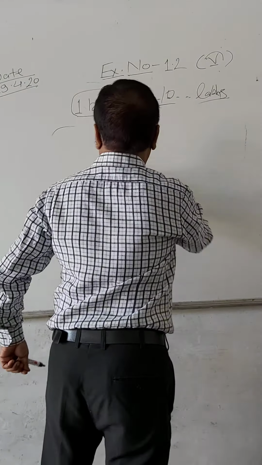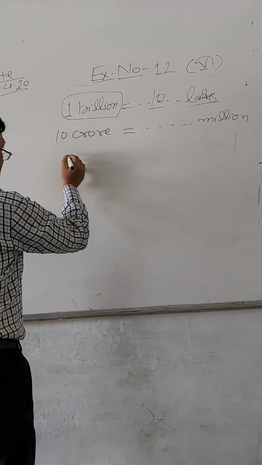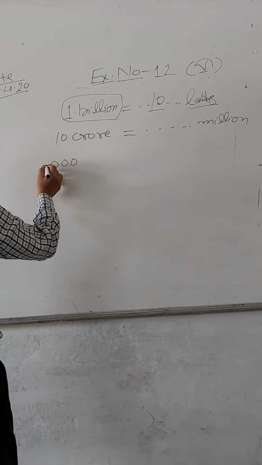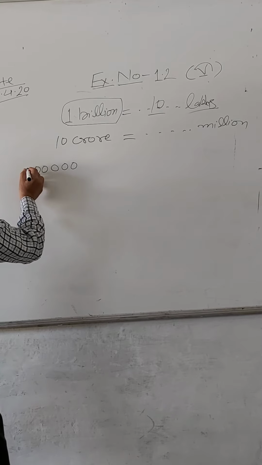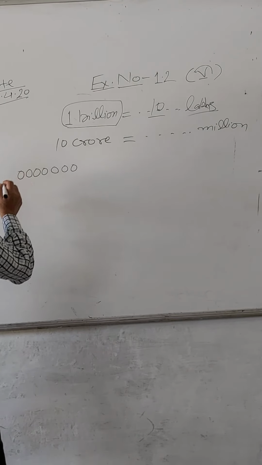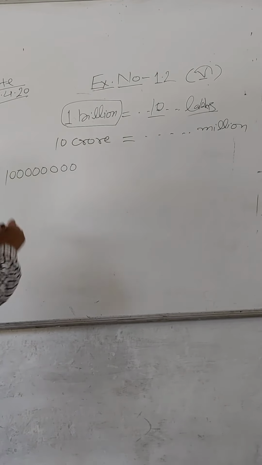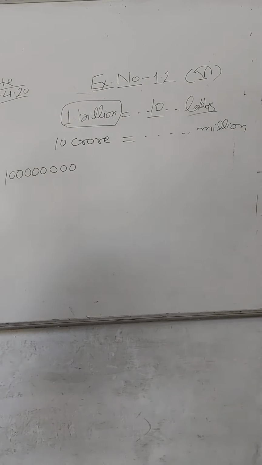So how are you writing 10 crore? Ones, tens, 100, 1000, 10,000, lakhs, 10 lakhs, crore, 10 crore. This is 10 crore. 10 crore is equal to how many million?